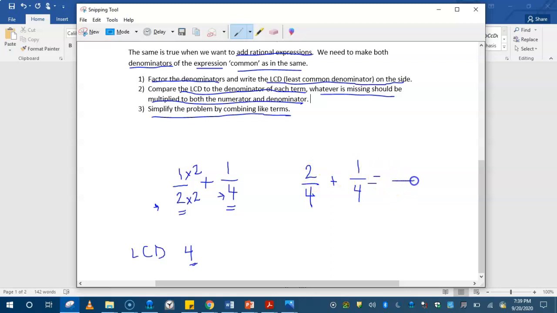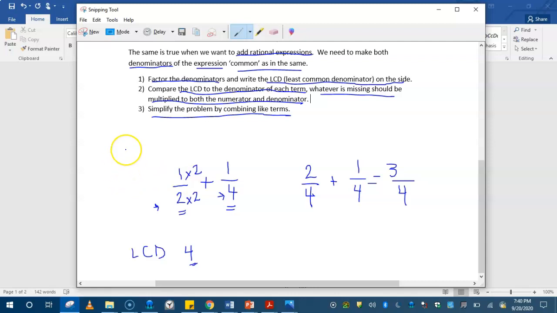So our denominator stays exactly the same. With our numerator, we just add 2 plus 1, and we have 3/4. If this was a subtraction problem, the same process would happen, except we would be subtracting in the numerator only.